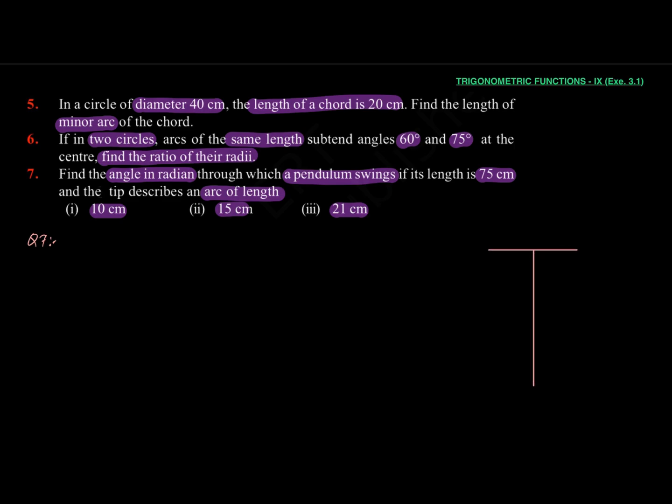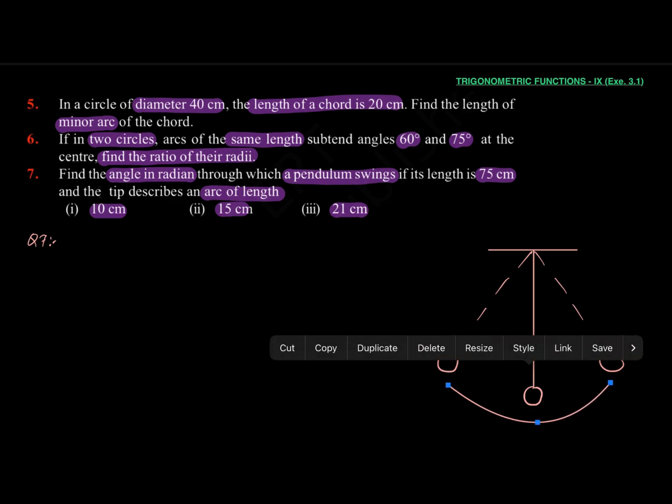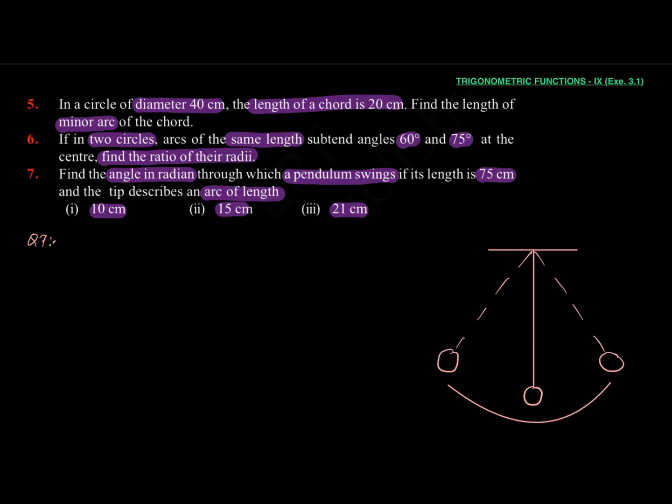Now here we are given with a pendulum which swings through some angle. So now this is some arc. It is having different length in different parts. The length of string of this pendulum is 75 centimeter, which will be taken as radius of this arc. Now we'll have to find this angle in radian measure in each part.